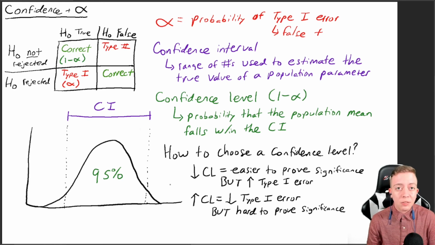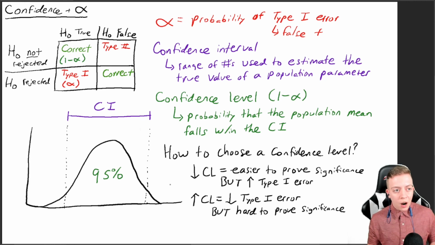That's really, really difficult. So I'm less likely to have type 1 error, but it's also going to be a lot harder to demonstrate my claim. So just know you can modify your confidence level, but remember your risk for error if you do, or your risk for not being able to prove that your claim is significant.